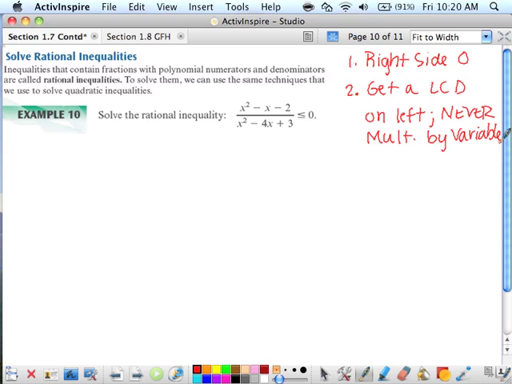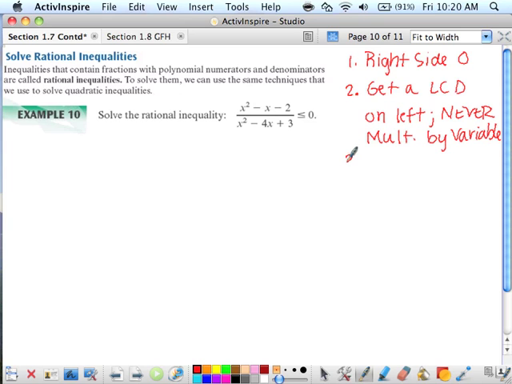You have to flip it. Well, how do I know if x plus 2 is negative or positive if I haven't finished the problem yet? Do y'all understand that? If you multiply both sides through by the common denominator and it contained a variable, you wouldn't know whether to flip it or not. So you cannot multiply through by a variable. That forces you to get a common denominator rather than multiplying through by a common denominator. So that makes it a little bit harder.